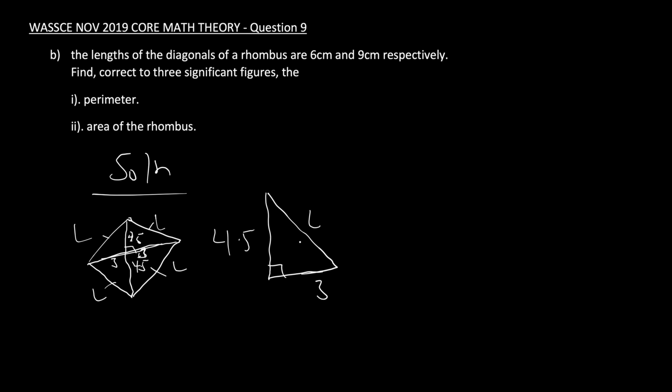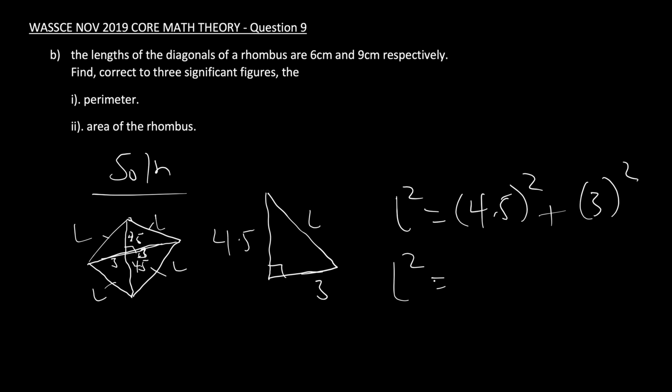Now from this right angle triangle, we can use Pythagoras theorem to find L. We know that L squared will be equal to 4.5 squared plus 3 squared. So our L squared will be equal to 20.25 plus 9. So L squared will be equal to 29.25.